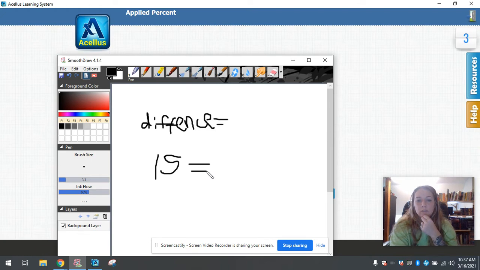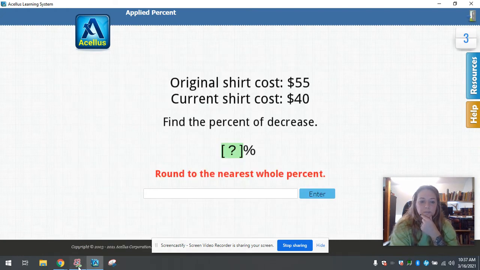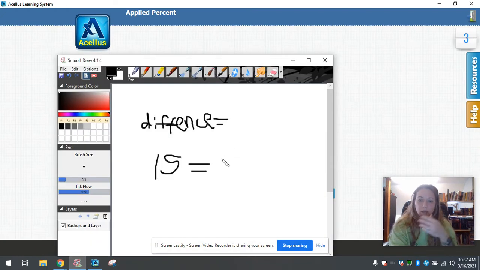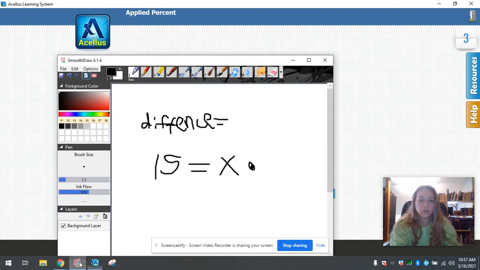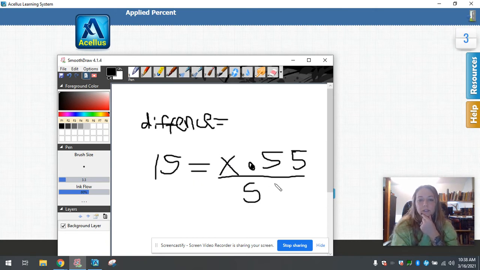Now to figure out the percent of decrease, I'm going to ask, what is the percent? I don't know, so I put a variable there, and I write my multiplication symbol. The original amount was $55. So now I've got this little equation set up to solve: 15 equals x times 55. I want to get that x by itself so I know what it is.